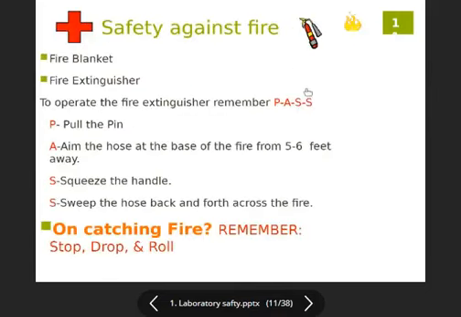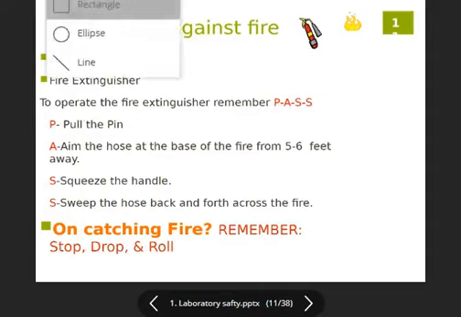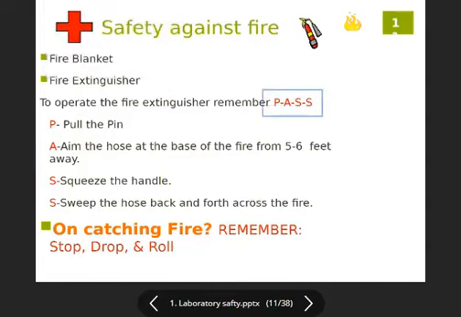So we have fire blankets, we have a fire extinguisher, but a very important thing you should remember, dear students, this slide is very important because we can ask in the exam what is the method of using a fire extinguisher. So you should remember PASS.